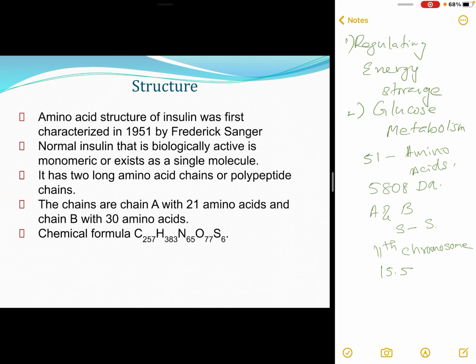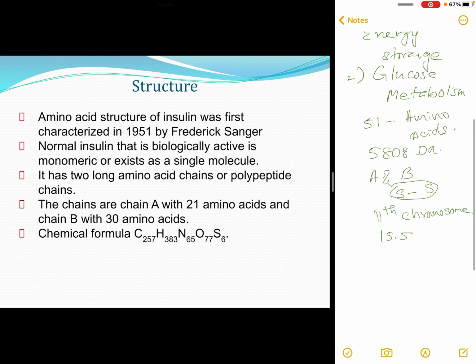Put together they have 51 amino acids and a molecular mass of 5808 Da, and it is a heterodimer of A chain and B chain, linked together by disulfide bonds.